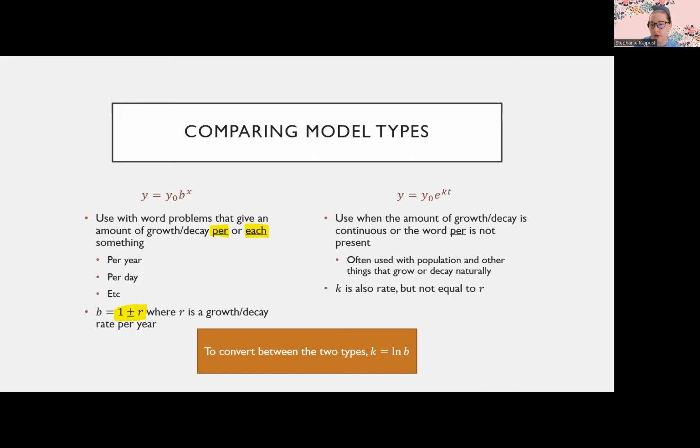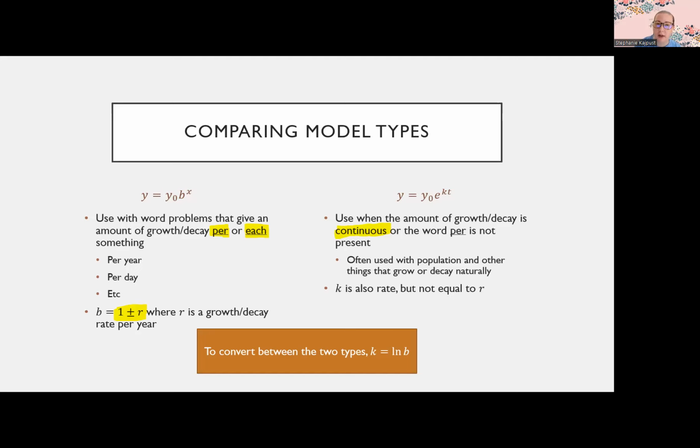You use the model on the right if you don't see the word per or each. This will have the word continuous in it, or it may not mention anything at all. It won't say per year or per day, and it's something that occurs naturally. So population growth uses the model on the right, and anything in chemistry will use the model on the right.